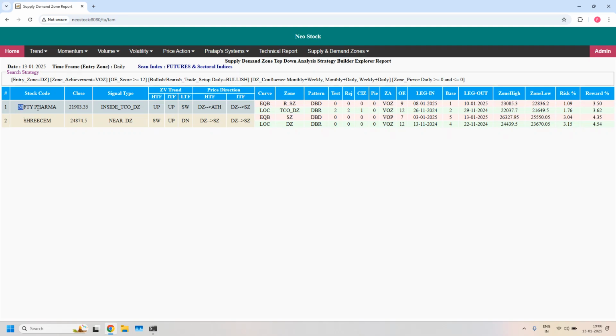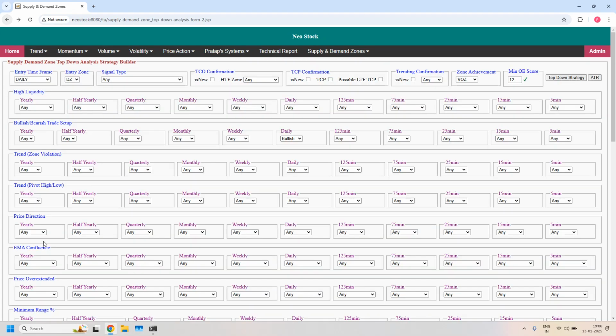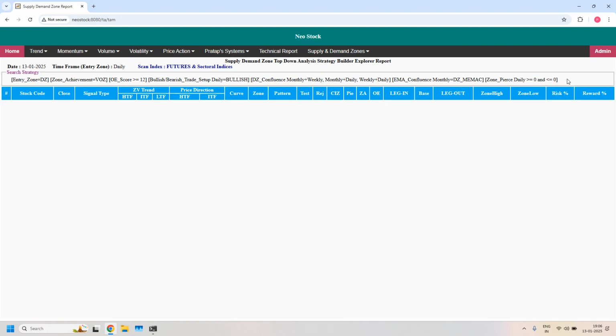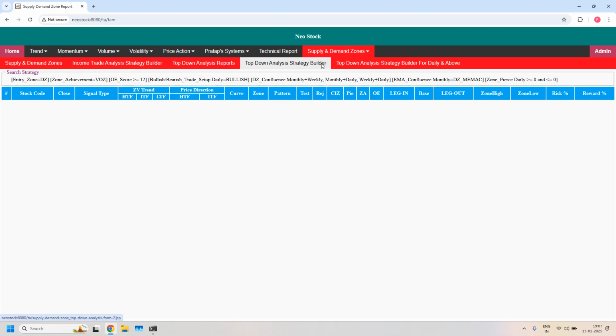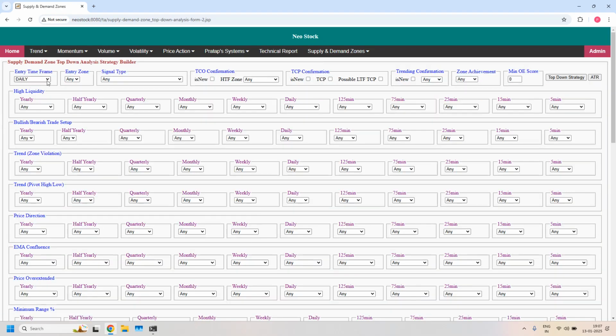But this is anyway Indices NIFTY Pharma, no need to look for EMA confluence. Still, if you want to know, let us check whether this is having EMA confluence at monthly time frame or not. Monthly demand zone with monthly EMA confluence. So none of the stocks are having monthly EMA confluence. Okay, this is about bullish trade setup for monthly income trade. Next, bearish trade setup for monthly income trade.